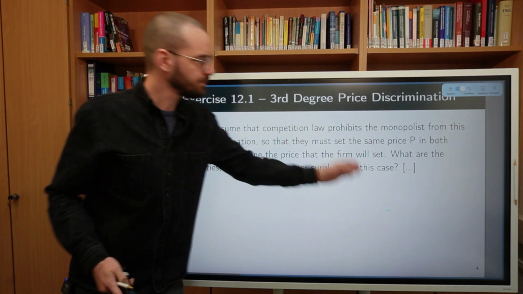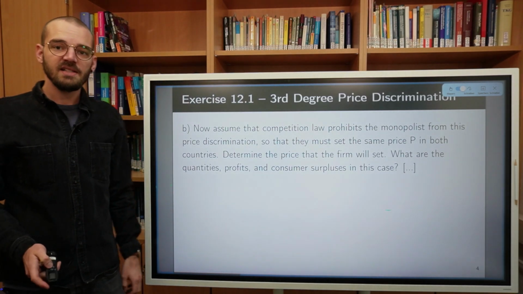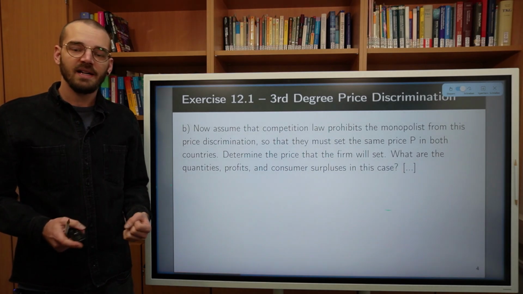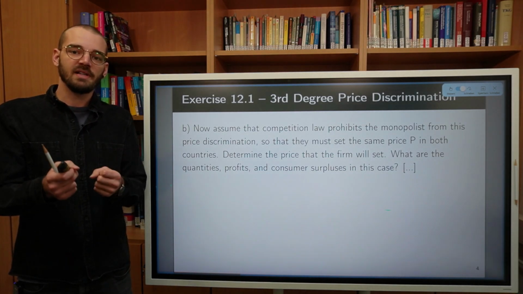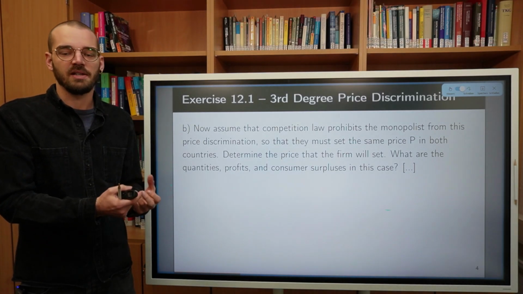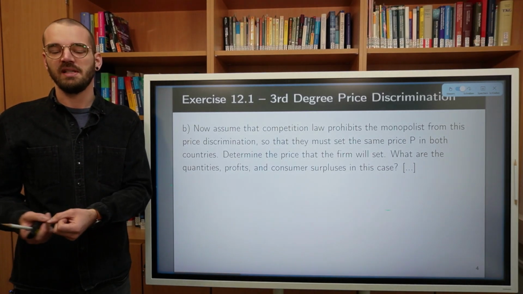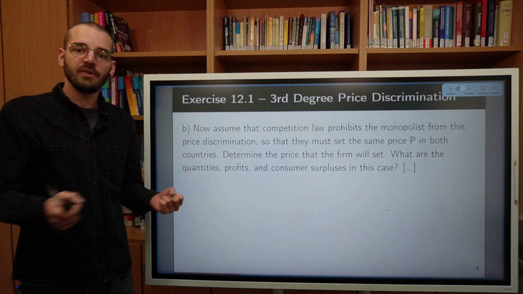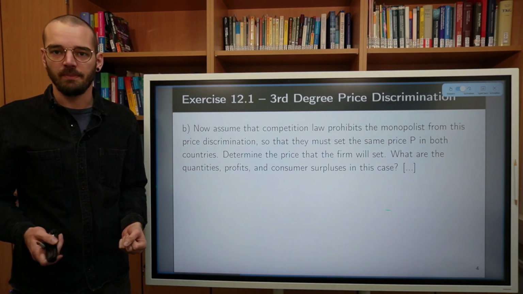Because the monopolist can no longer maximize profits in country A and then maximize profits in country B separately, we have a different profit maximization problem now.